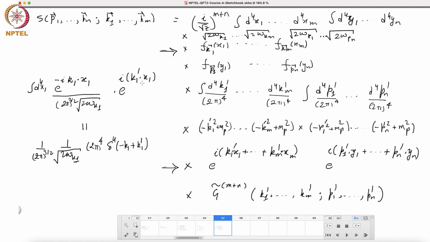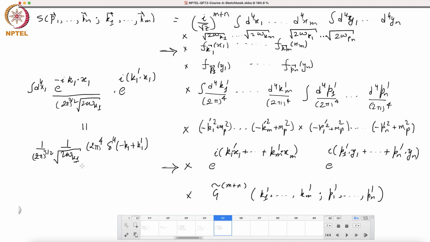Okay. So, you will get these factors which are in the denominator, and when you integrate over x1 you generate a delta function with the factor of 2 pi to the 4. So, that is 2 pi to the 4 delta 4 of k1 prime minus k1, which means that this delta function contributes only when k1 prime is equal to k1. So, this dummy variable k1 prime, when it equals the variable k1, which is present in this S matrix element, contributes, otherwise its contribution is 0.